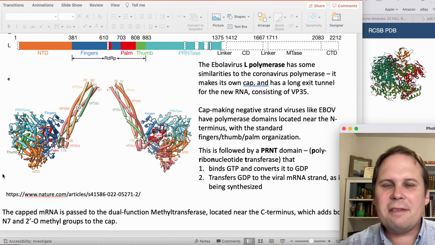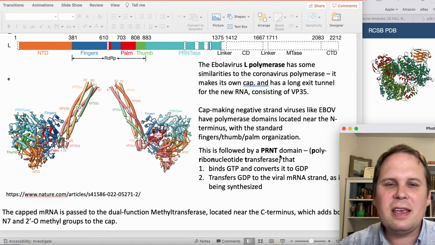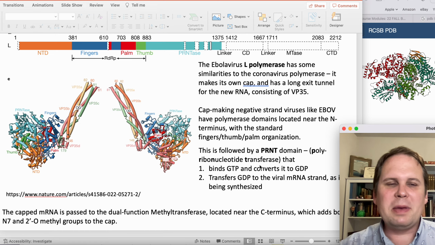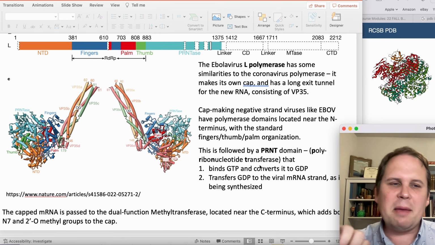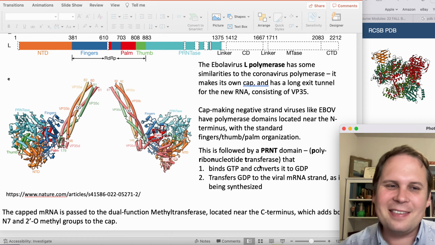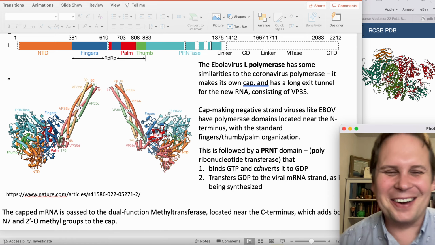And so they have a capping enzyme. They call the capping enzyme the PRNTase, polyribonucleotide transferase, because it's going to put one cap nucleotide onto a polynucleotide. So it's really a single nucleotide transferase that transfers it onto a polynucleotide. But hey, names are hard, right?